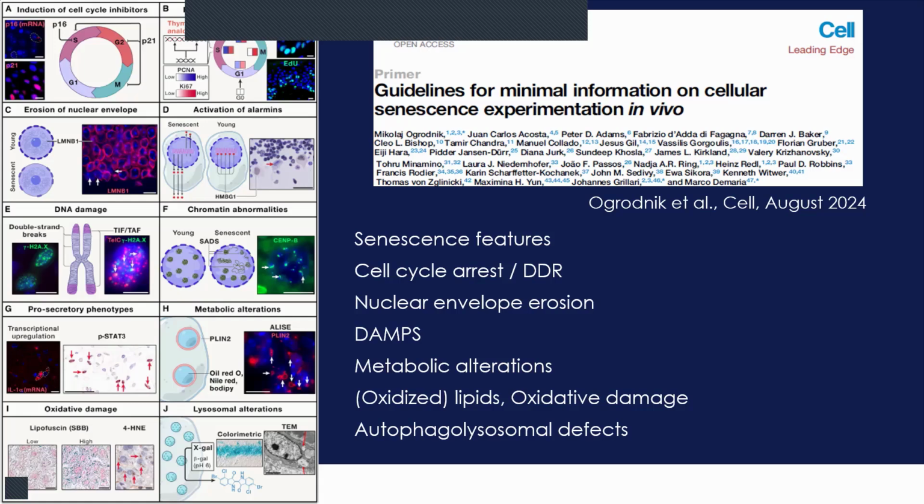Features that can be combined as markers are, for example, classical cell cycle arrest markers or markers of DNA damage or DNA damage repair, rather. And additionally, markers for the erosion of the nuclear envelope, for example, staining for lamin B1. Then markers that highlight the inflammatory phenotype of the senescent cells, the so-called SASP, the senescence-associated secretory phenotype, can be added for the detection, like expression of proteases or cytokine production.